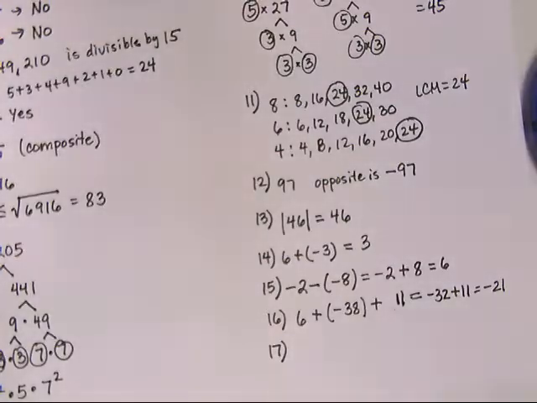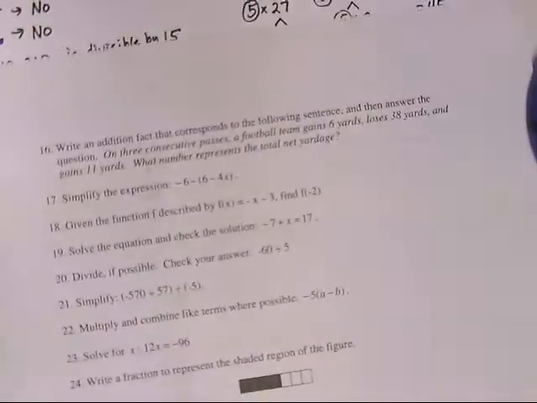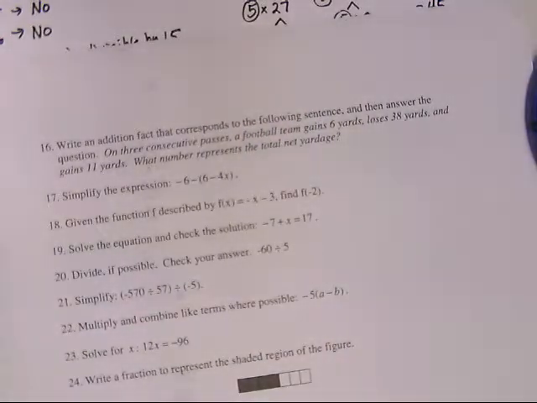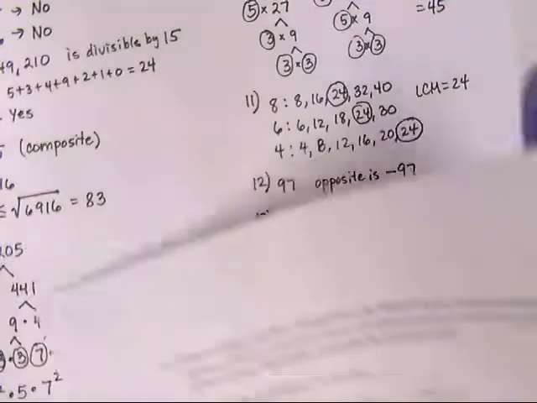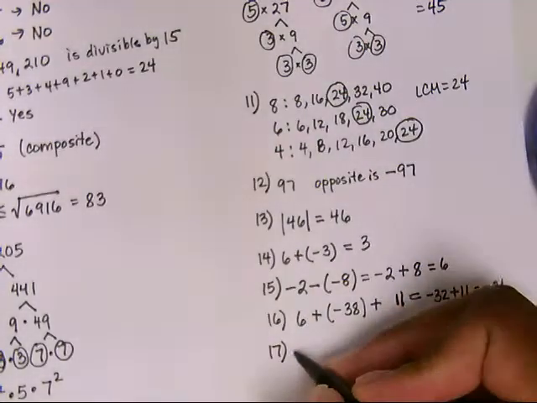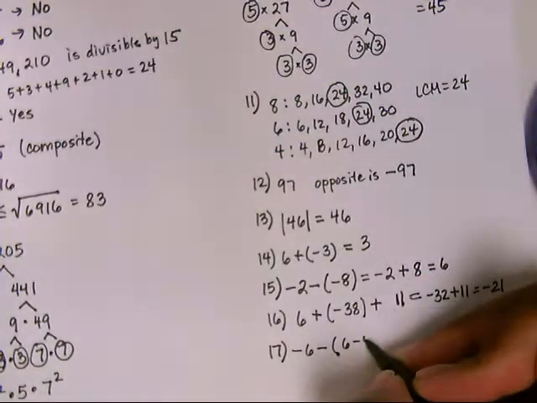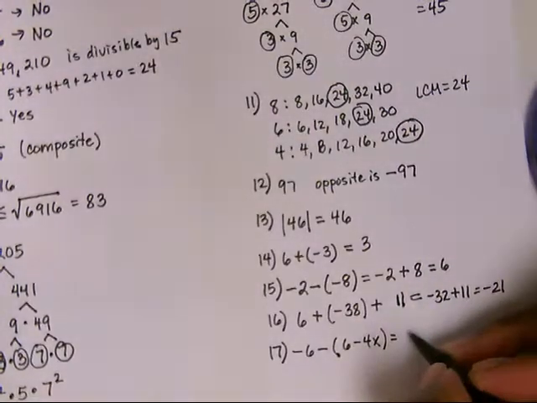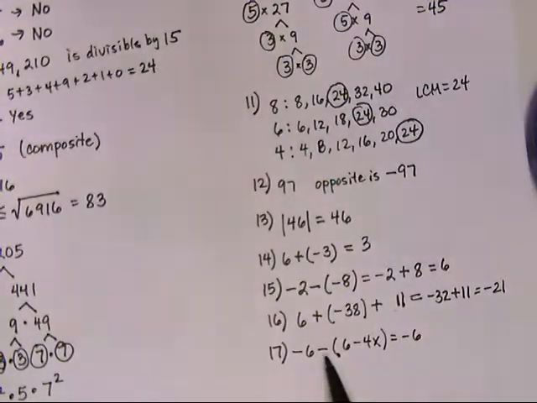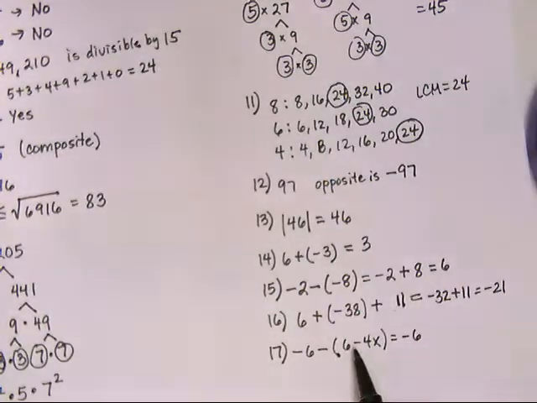Alright, number 17. Simplify the expression negative 6 minus, in parentheses, 6 minus 4x. Now I'm going to bring over that negative 6. Now this minus sign is going to change everything in the parentheses to the opposite.